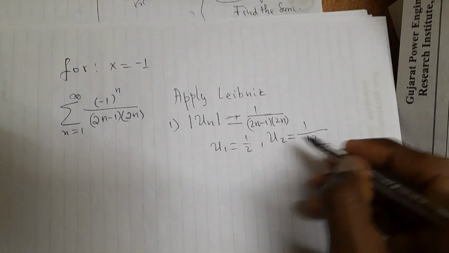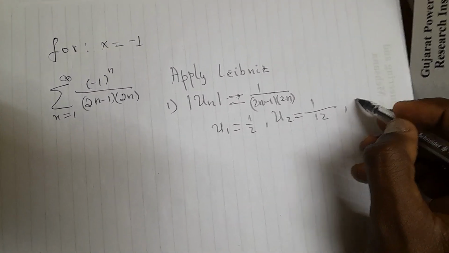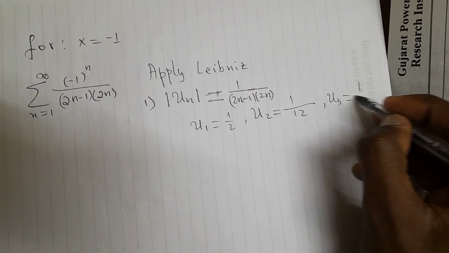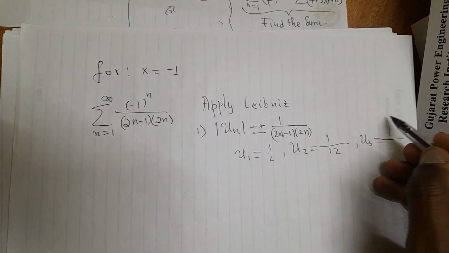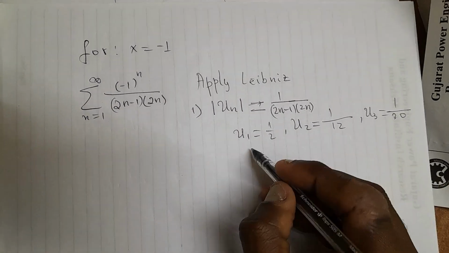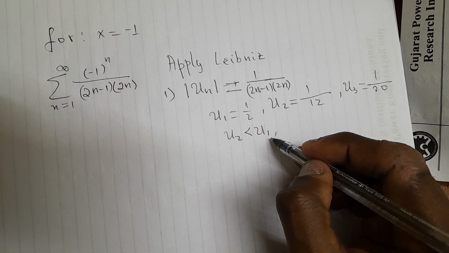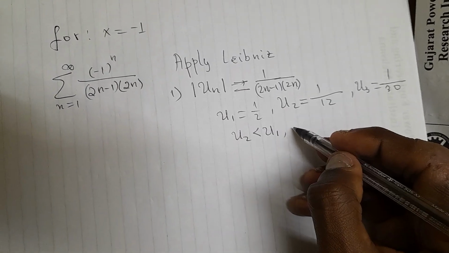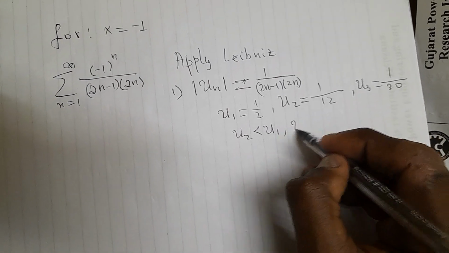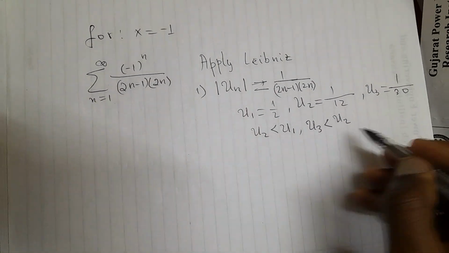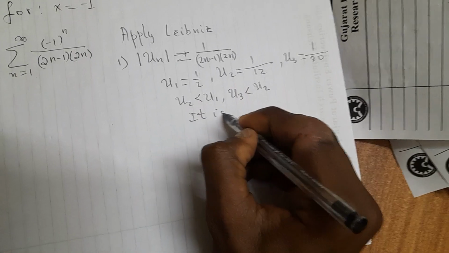See? So this is decreasing. And if you put u3, you will get something like 1 upon 30. So u2 is less than u1, and u3 is less than u2. So it is decreasing.